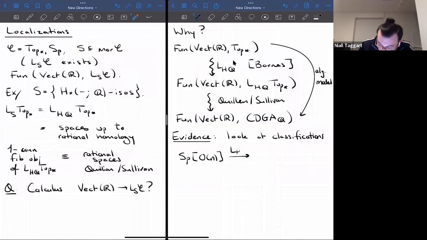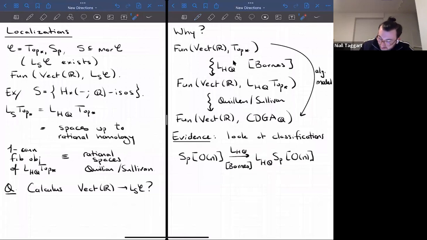In the rational case, they end up being classified by rational spectra with an action of O(n). So again, this is some work of Dave Barnes.